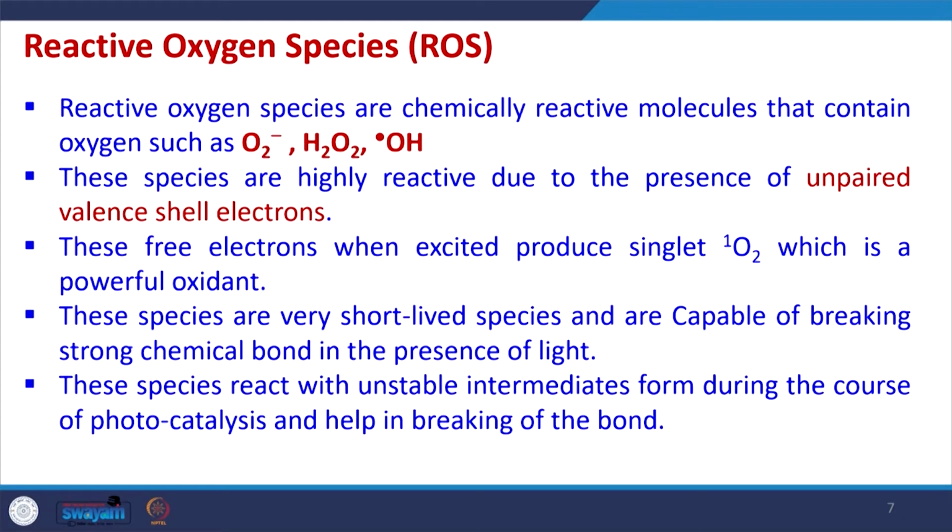Now, we talked about reactive oxygen species. So, we will try to learn what the different reactive oxygen species are, how they work and what their degradation potential is. Reactive oxygen species are chemically reactive molecules that contain oxygen, such as O2, H2O2, OH radical, etc. These species are highly reactive due to the presence of unpaired valence shell electrons.